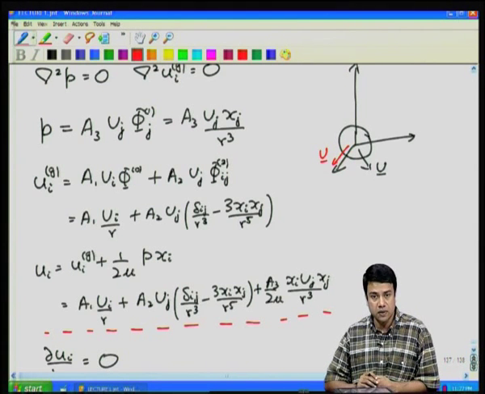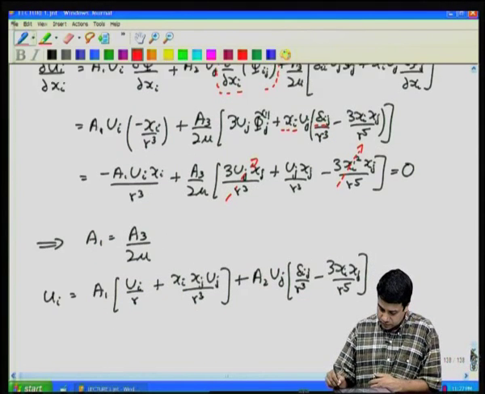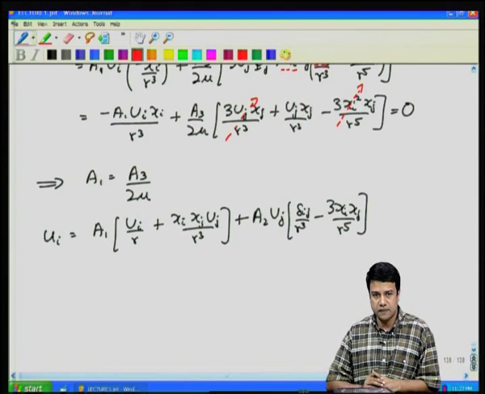So, I get a1 u_i by r plus a1 u_j x_i x_j by r cubed plus the second term. Okay. So, that is the expression for the velocity field. I have two constants of integration still remaining, a1 and a2.